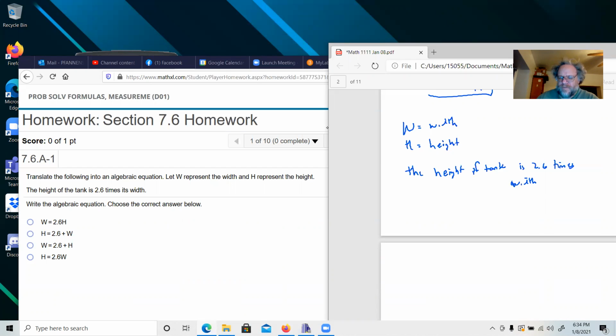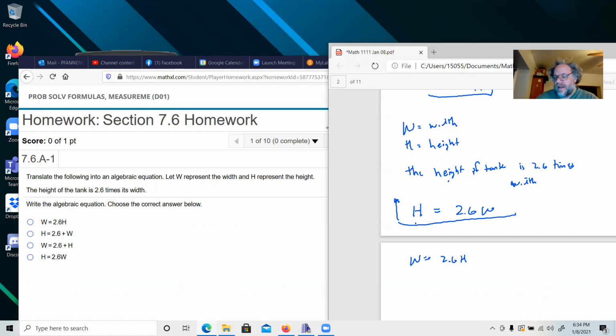We could say the height equals 2.6 W's. Or we can say W is equal to 2.6 H, right? There's a possibility, right? Maybe not. So what are they talking about? They're saying the height H is 2.6 times the width. So I'm going to go with this option right here.